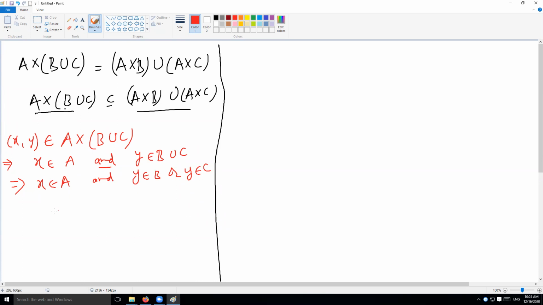And so what should be the next step? I can also write this, by distributivity, as X belongs to A and Y belongs to B, or X belongs to A and Y belongs to C. By the way, we talked about this in much detail in our last discussion, how to justify all this.